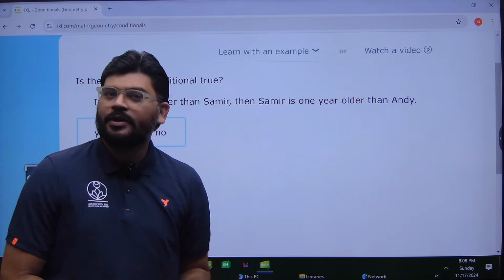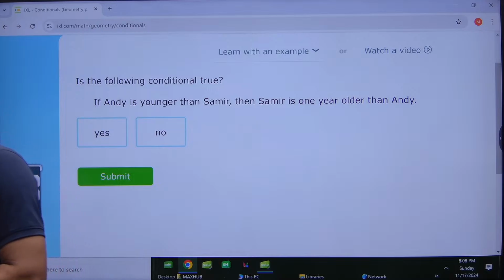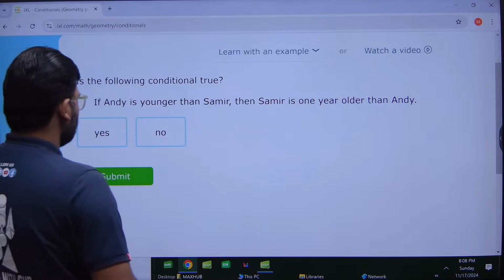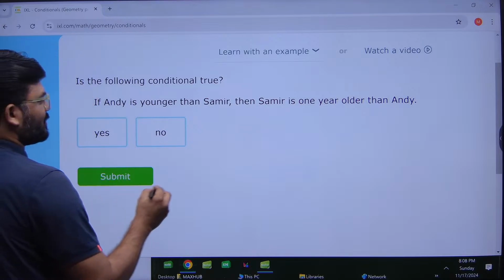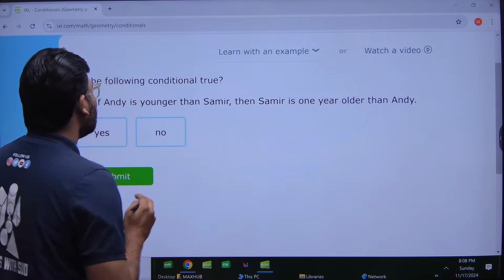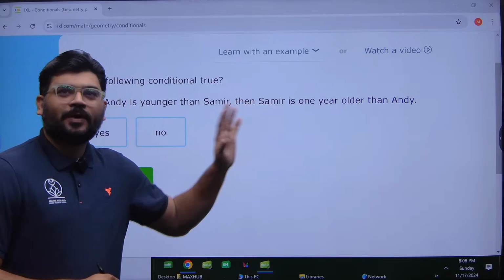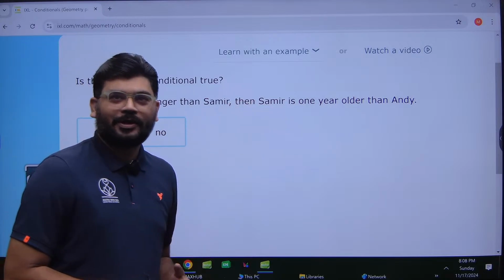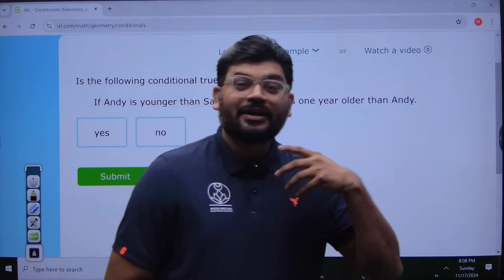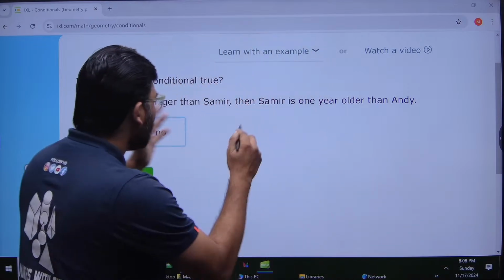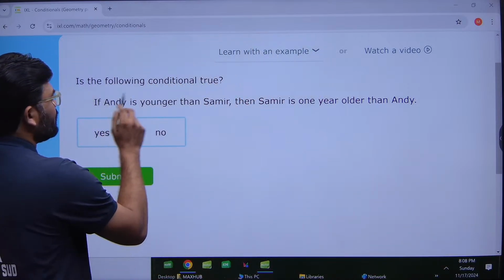You give one counter example. If Samir is like 2 years older than Andy. Yes, good one. So it doesn't say that if Andy is younger, Samir is only 1 year older. He can be 1 month elder to him. He can be 10 years elder to him. So these are many counter examples. So this is not a true condition.